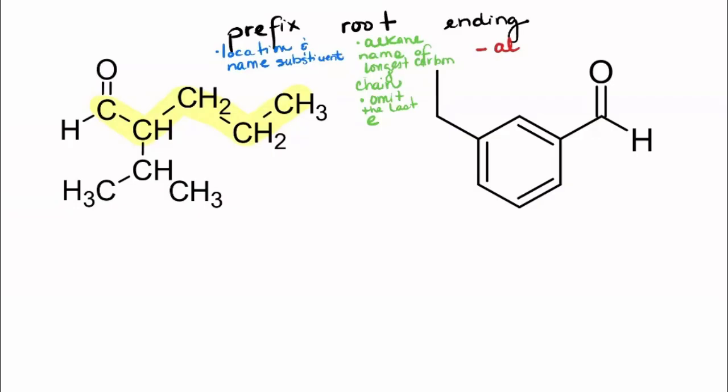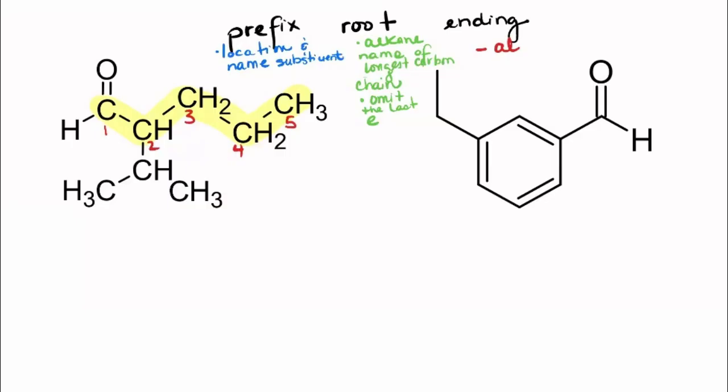we're going to start with the root and ending, which establishes that since I have 5 carbon atoms, and in aldehydes carbon number 1 is always the carbonyl, I have 1 carbon, 2 carbons, 3, 4, and 5.